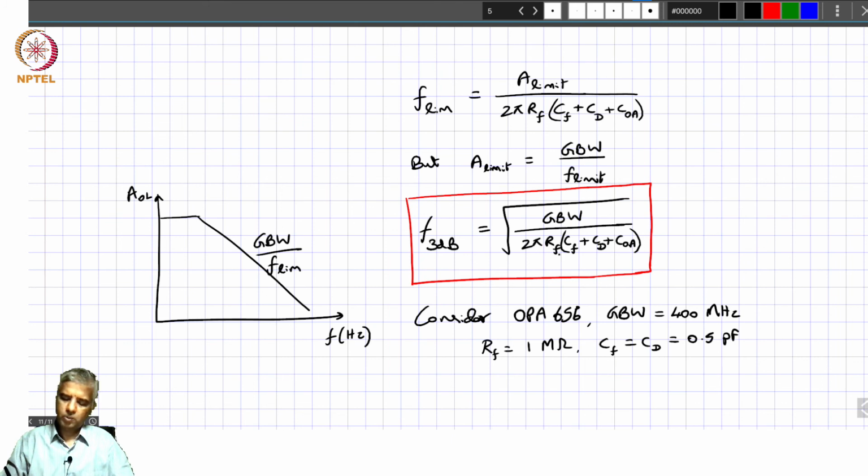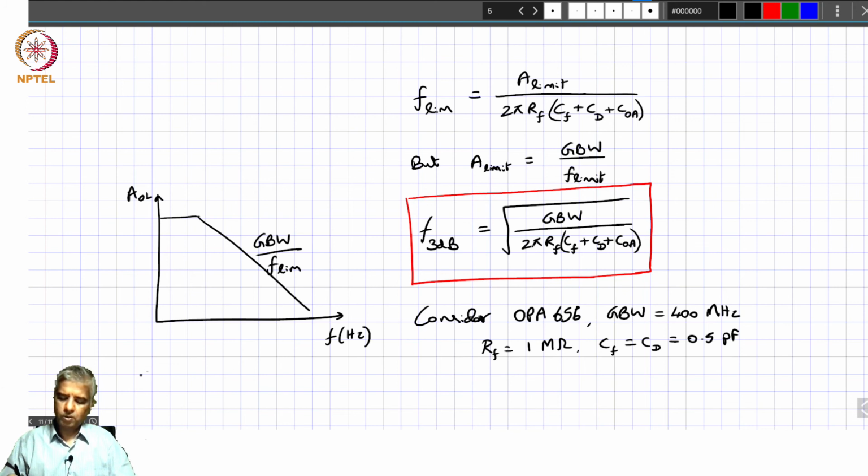So if you plug all of these values into this, this is actually 1 picofarad, so that's about 10 power minus 12. RF is 1 megohm, so that's 10 power 6. So you have a 2 pi term, and then you have a 10 power minus 6 over here, and the gain bandwidth is 400 megahertz, so 4 into 10 power 8. There is a 10 power minus 6 over there, so that can go at the top. So that becomes 10 power 14.